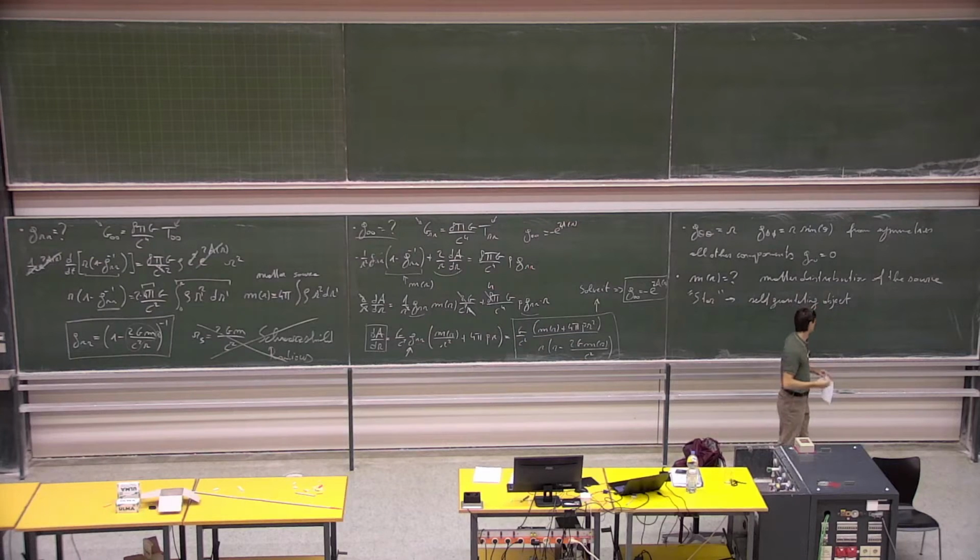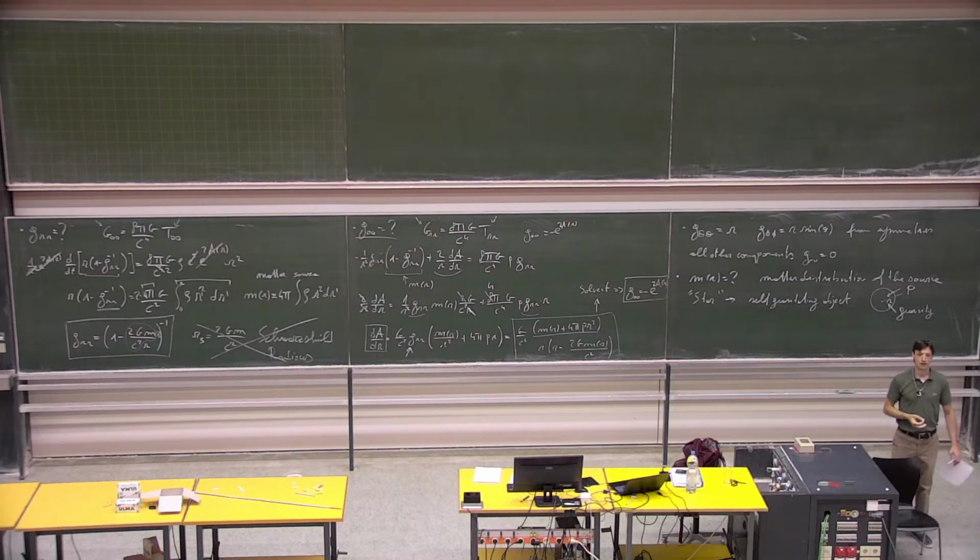What does it mean? It means that the distribution of the matter as a function of radius of these objects is given by gravity alone, plus the properties of the objects. So the players are gravity and the pressure of the material composing our object.